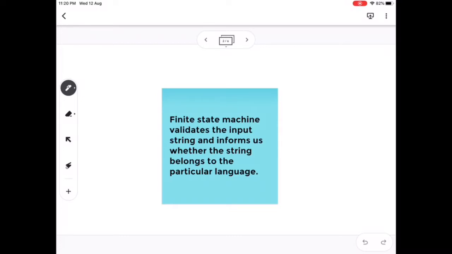If it belongs to that language, it will be accepted, that is it reaches the final state. If it doesn't belong to that language, it doesn't reach the final state. It means the finite state machine validates the input string and informs us whether the string belongs to a particular language.